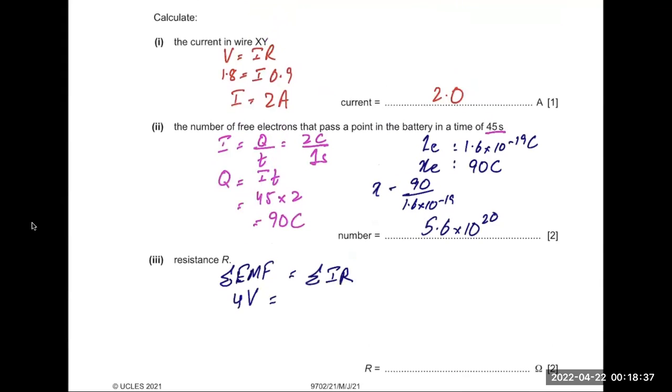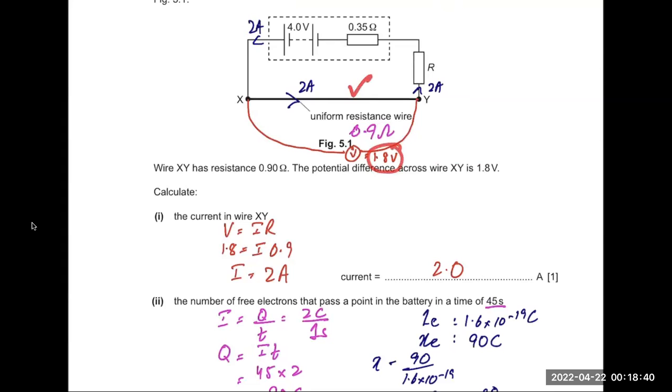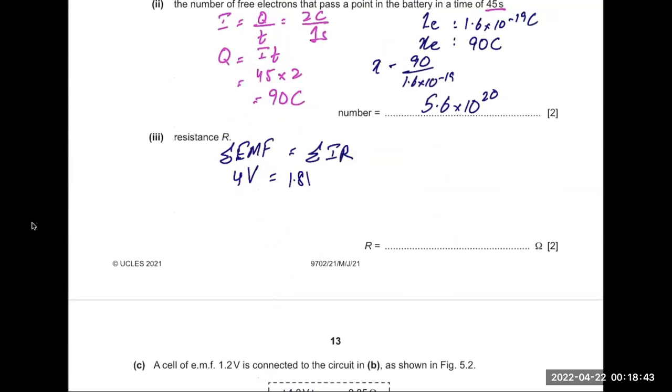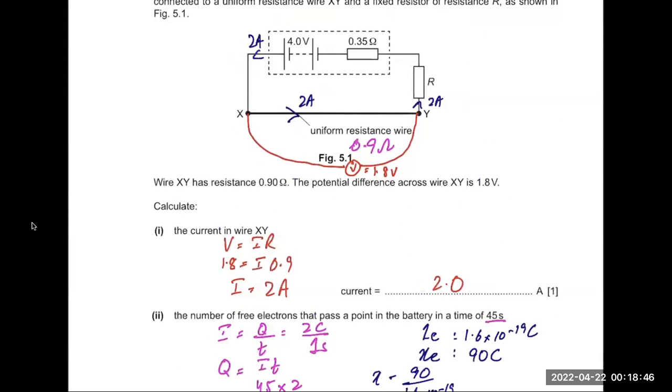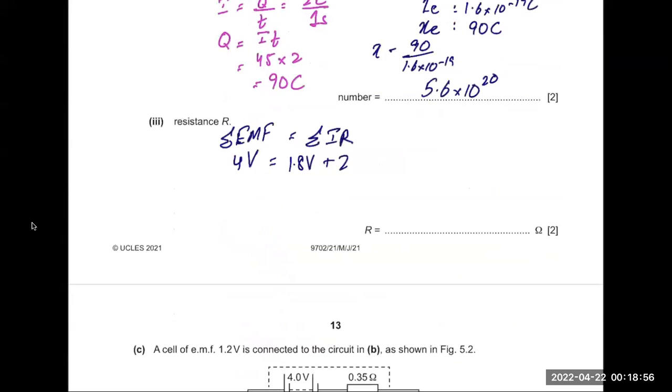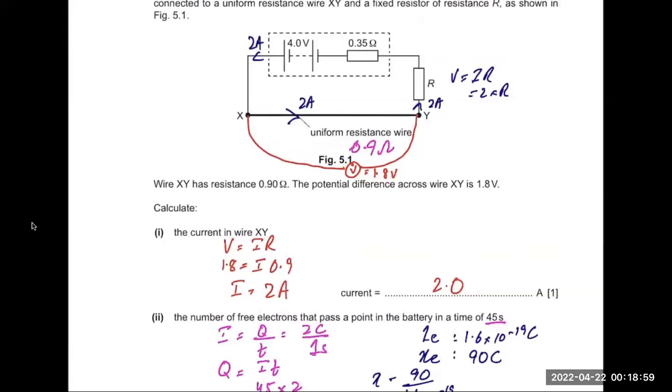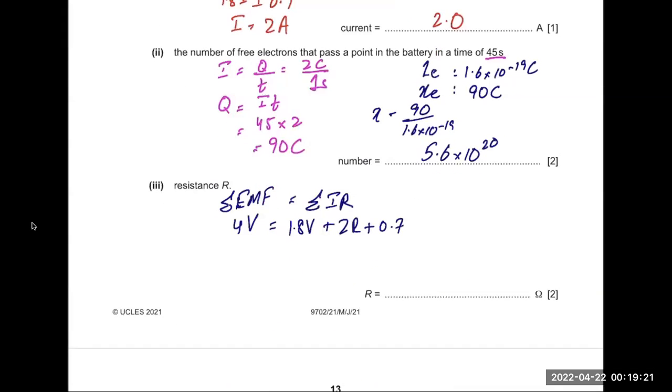The total potential drop is 1.8 volts for the wire, 2 amperes multiplied by R, V is equal to IR, 2R for the resistor, plus 0.35 into 2, which is equal to 0.7 volts for the internal resistance.